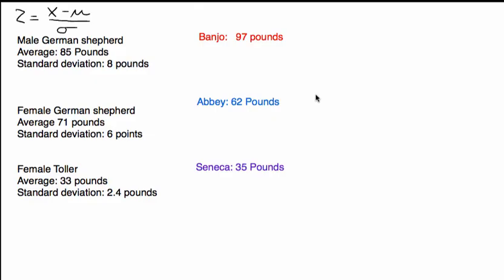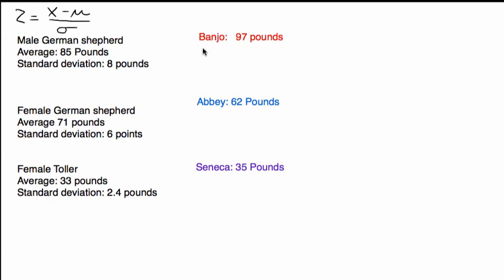What we have here is my 3 dogs, Banjo, Abby, and Seneca, along with the average for their particular breed and gender, and the standard deviation. Now we're going to calculate the z-score for each individual animal, and then we'll compare the 3 at the end. Starting with Banjo.